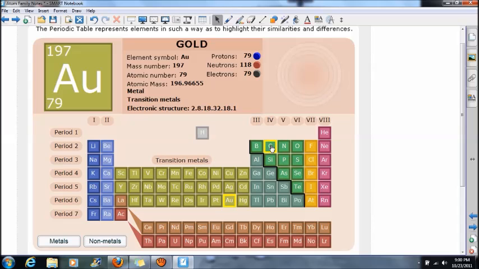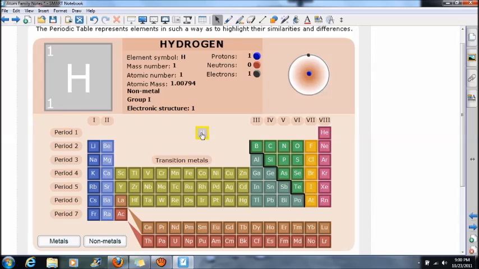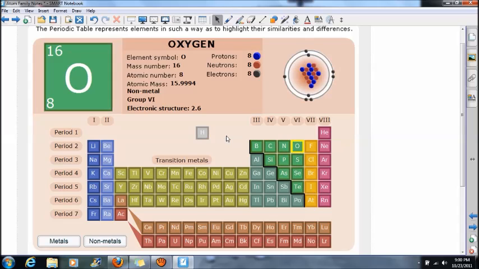And also, here's carbon over here, so I click on carbon, and it gives us some information on carbon. And I talked about water, which is made up of hydrogen, and it's also made up of oxygen. So those two elements can combine and make a water molecule.